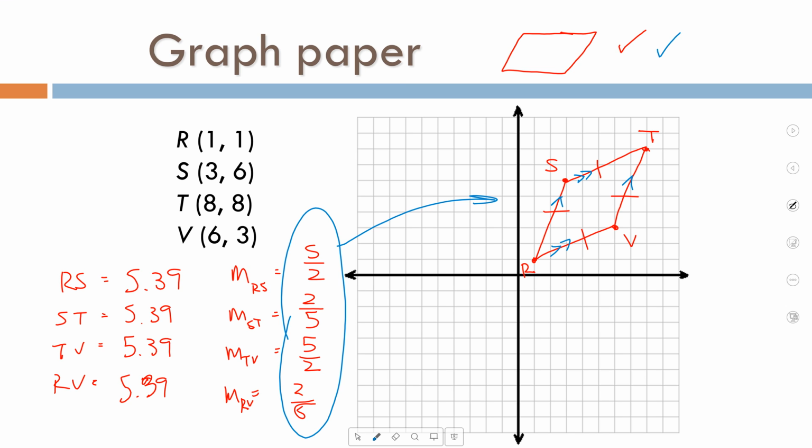Some people excel at both. Some people can't do either. But you use whichever technique you want. You'll notice what we didn't do on a coordinate plane is look at the angle measures, because that's way too much work. So we're going to keep it simple with slope or distance. Questions? Beautiful. Let's move on.